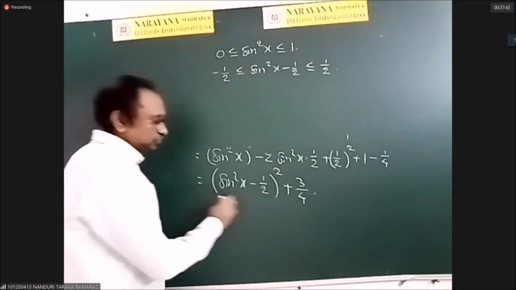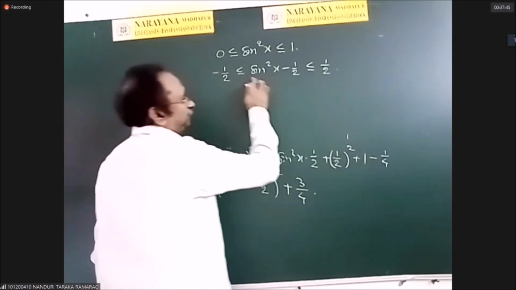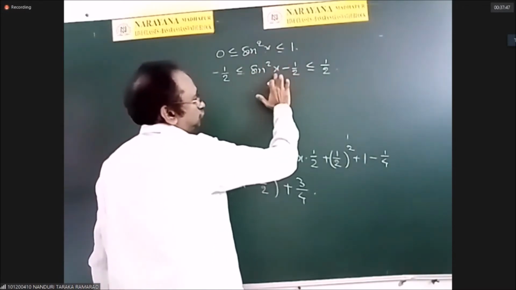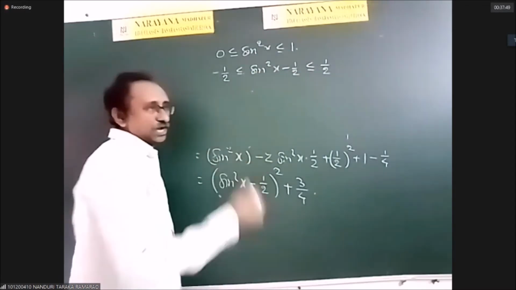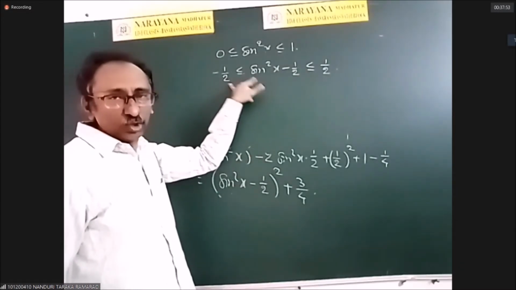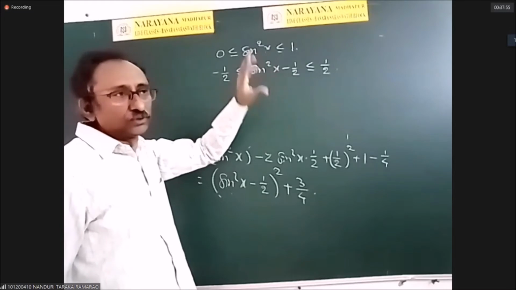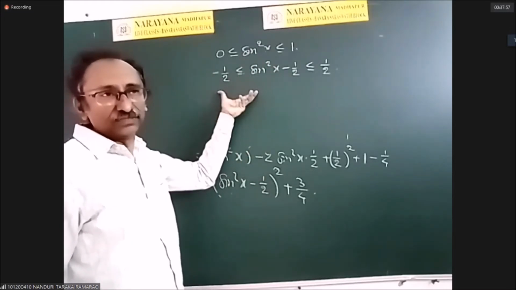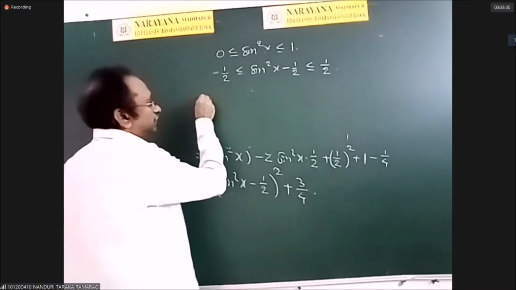And now we have to square this expression. If you square this expression, the values from 0 to half come between 0 and 1 by 4. Similarly, the values from minus half to 0 also, the squares of those values lie between 0 and 1 by 4.